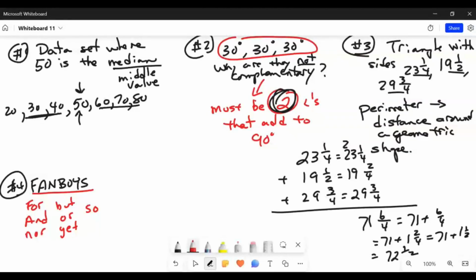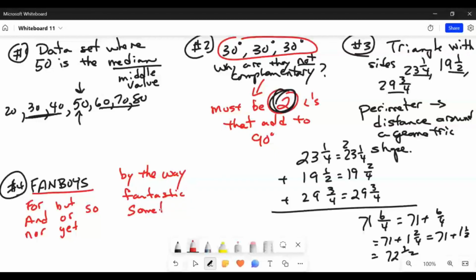So the four that were not coordinating conjunctions were: by the way, that is not a coordinating conjunction. Fantastic, that is not a coordinating conjunction.